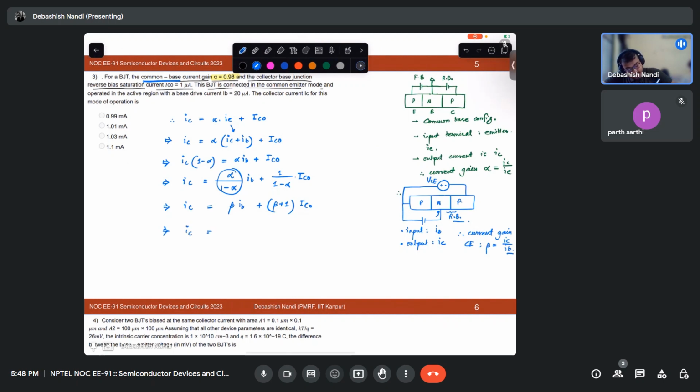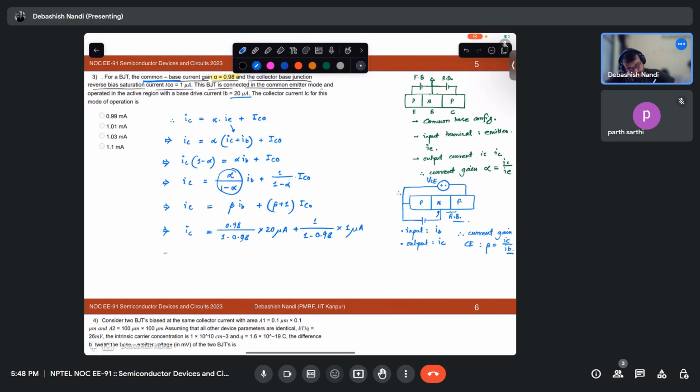So your IC would be 0.98 over 1 minus 0.98 times IB, which is 20 microampere, plus 1 over 1 minus 0.98 times 1 microampere.